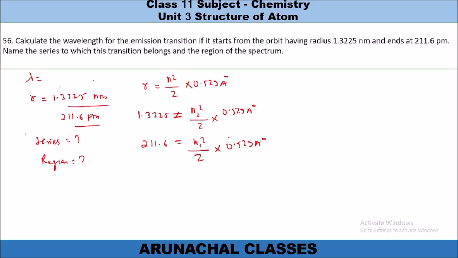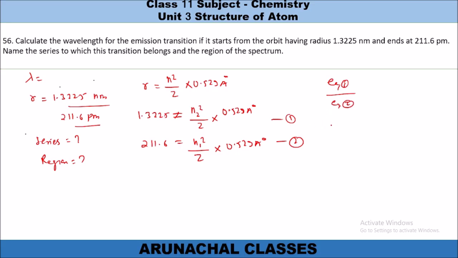Now n2 is higher orbit and n1 is lower orbit. Now this one is equation 1, this one is equation 2. So divide equation 1 by equation 2.